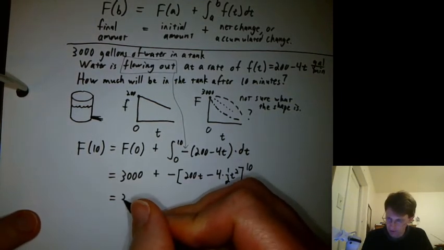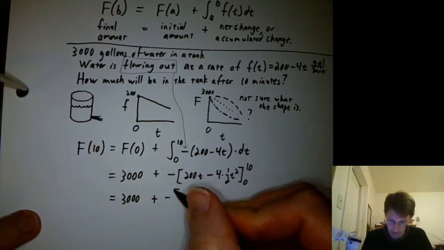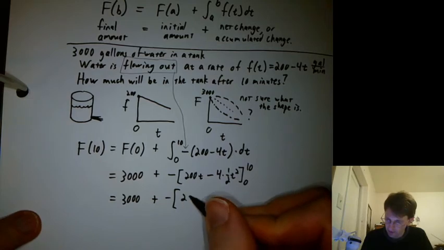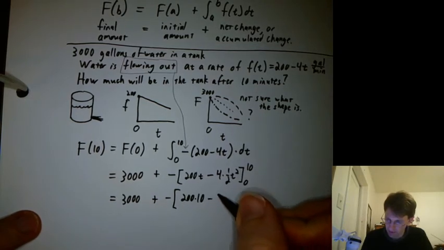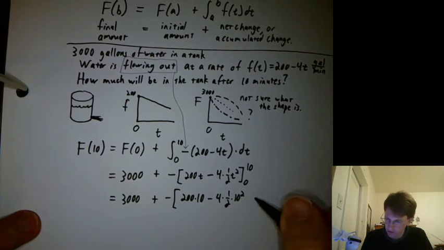And then that's 3,000 plus negative, 200 times 10 minus 4 times 1/2 times 10 squared, minus, plug in the 0 here, 200 times 0 minus 4 times 1/2 times 0.